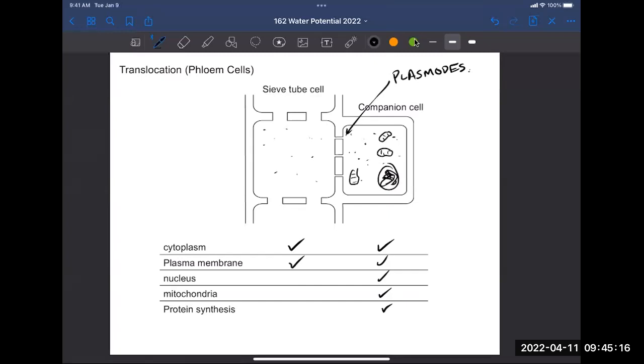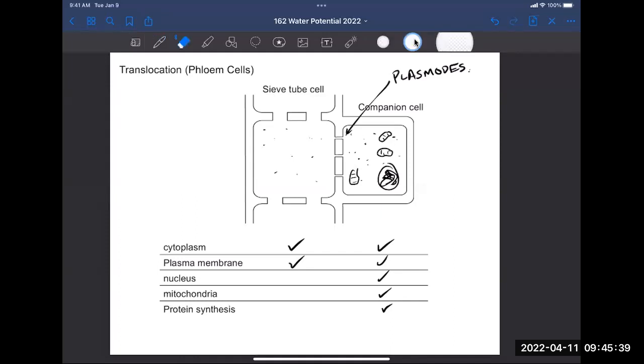And so the companion cell could really survive on its own, right? It has all the things it needs to survive, but the sieve tube cell, it can't. It is really just essentially an empty cytoplasm, right? There are some proteins and things like that in there, but it's just an empty cytoplasm.